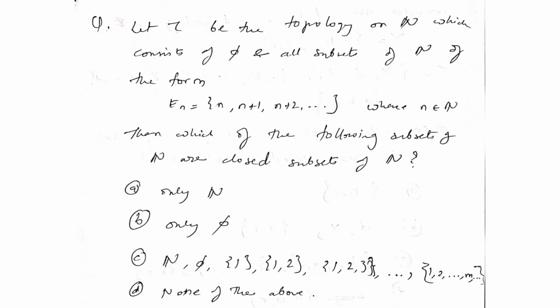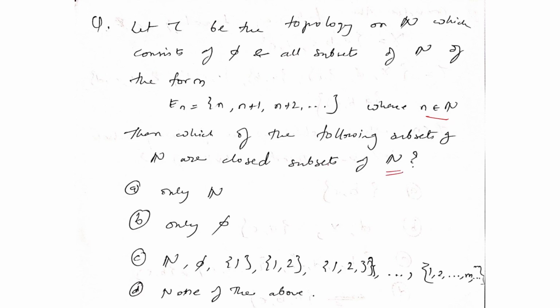Okay. So your first question is: let tau be a topology on the natural number set which consists of the empty set and all subsets of natural numbers of the form En, that is, this kind of set: n, n plus 1, n plus 2, dot dot dot, where n belongs to natural numbers. Then which of the following subsets of N are closed subsets of natural numbers?